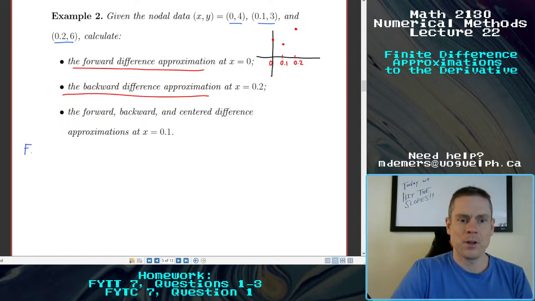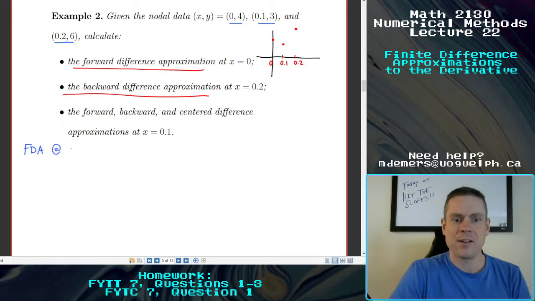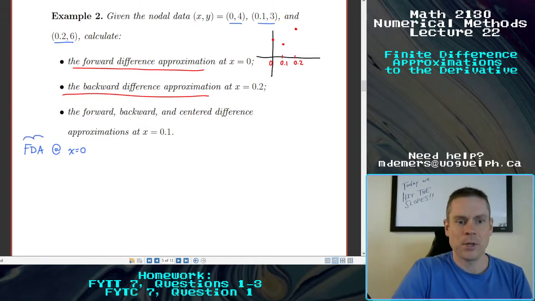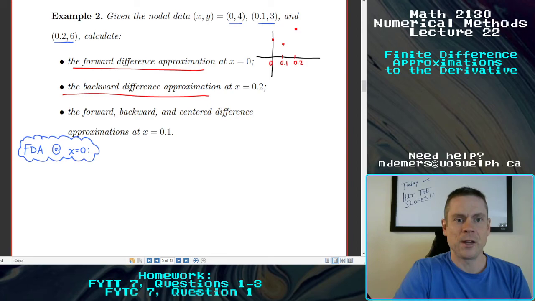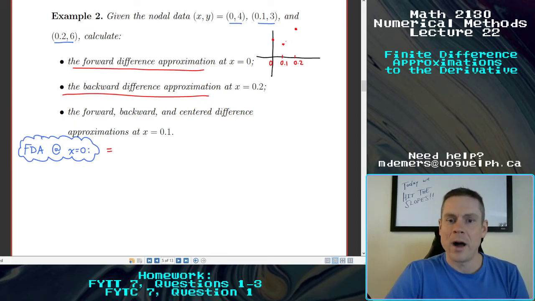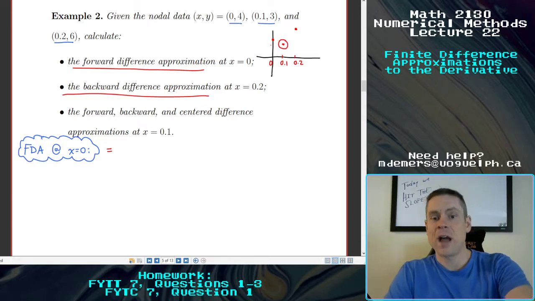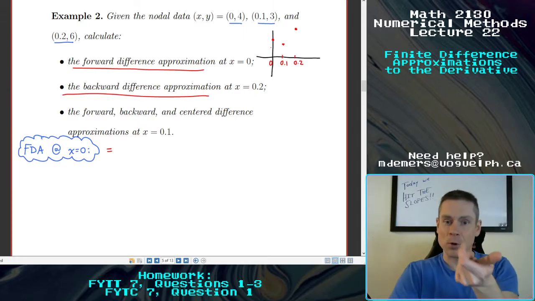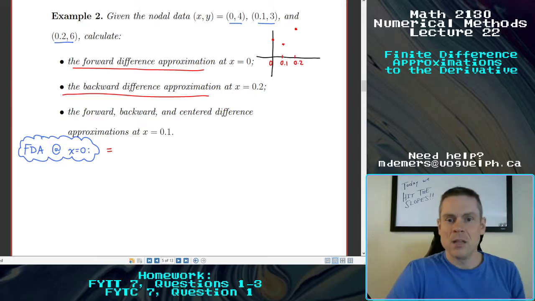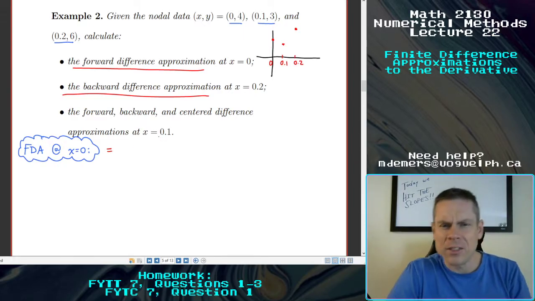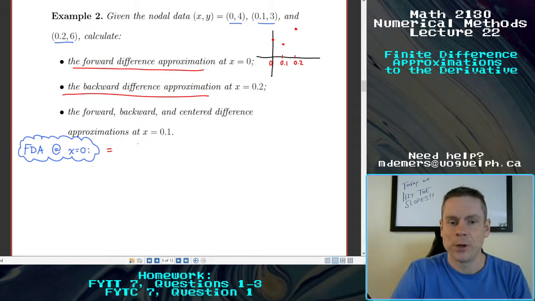So the forward difference approximation at x equals 0. Put a little cloud around this, and then we'll do some calculations. This is going to equal, I want to take the y value here and the y value there, subtract them, the difference in y's, and then put them over that h value, 0.1. So this is going to be, what were they? There were 3 minus 4. So 3 minus 4 over the h value we said was 0.1.